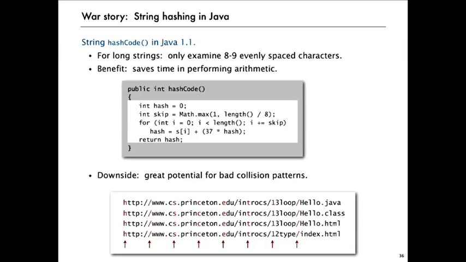So here's an example of typical data, which is a URL. All of these keys, which are totally different, would wind up having the same collision. And so client programs and system programs in the Java system were having terrible performance on their symbol table because of this shortcut in hashing.